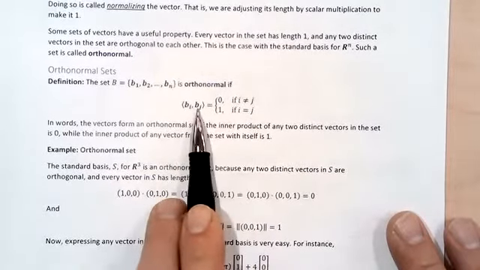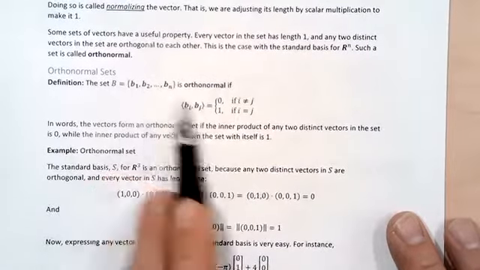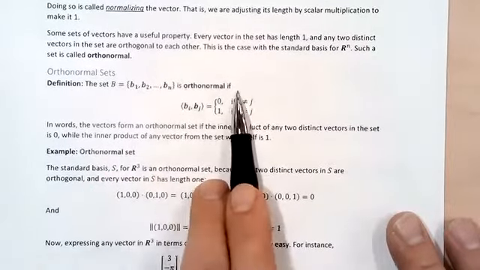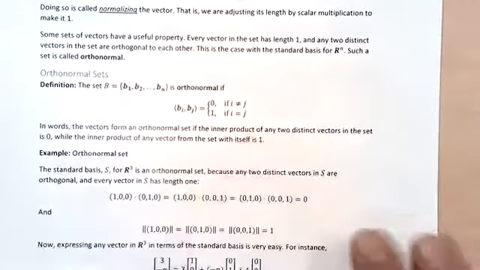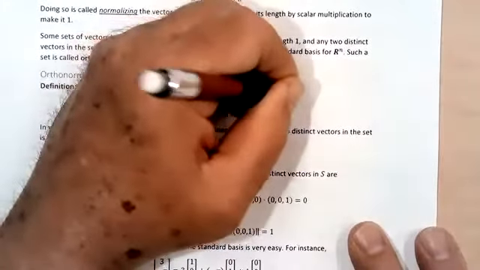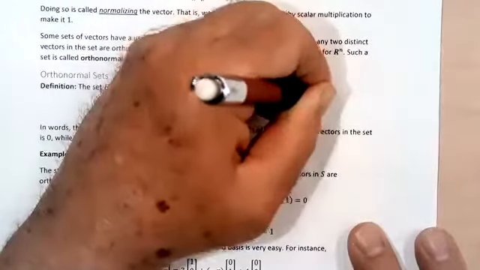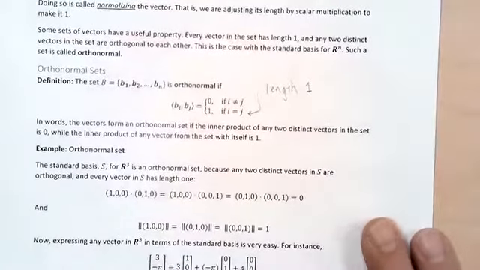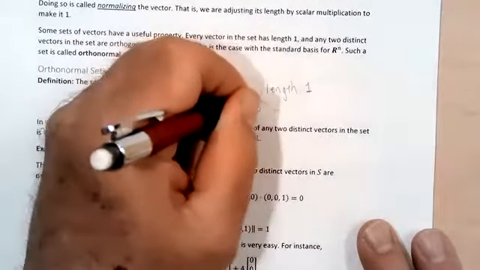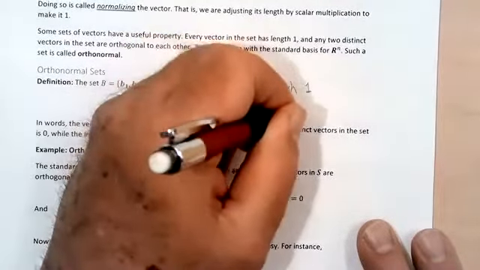But if you take the inner product of a vector with itself, you get 1. Well, then we say it's orthonormal. And why? Because this is essentially saying two things. The length of each vector is 1. That's this part.